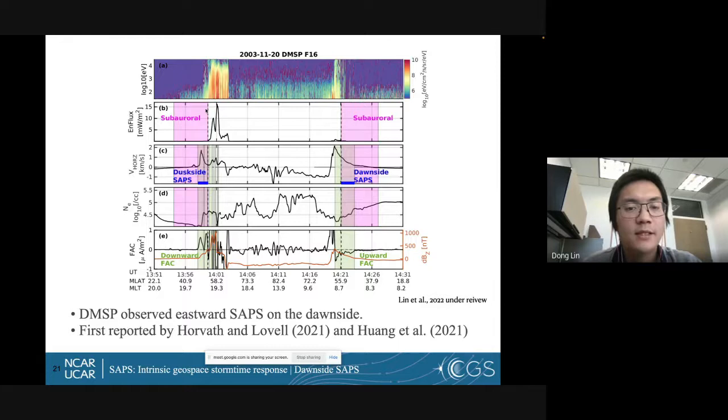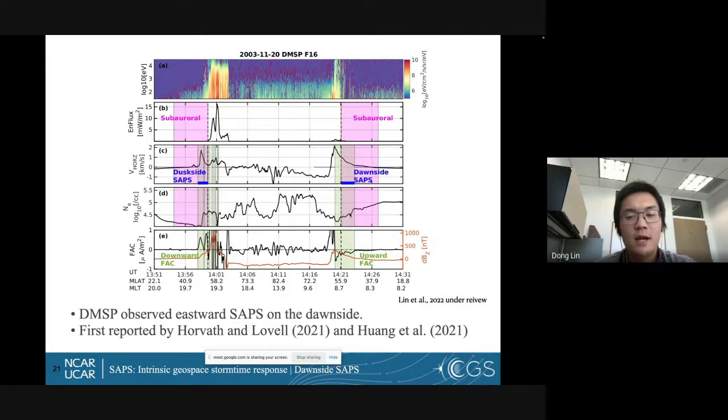So again, if you look at these DMSP measurements, this is the auroral boundary based on the energy spectrum from the electron precipitation. So this is just a typical and well-identified dusk SAPS, but the dawn side has also a substantial flow in the subauroral region, and just similar to the scenario on the dusk side, on the dawn side the flow is eastward.